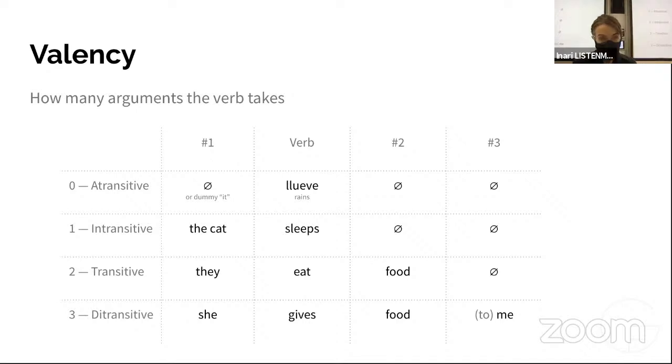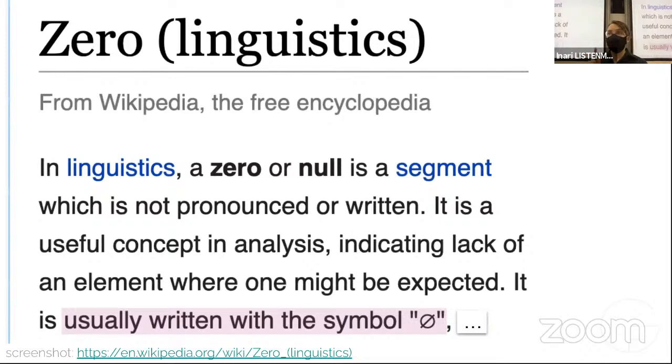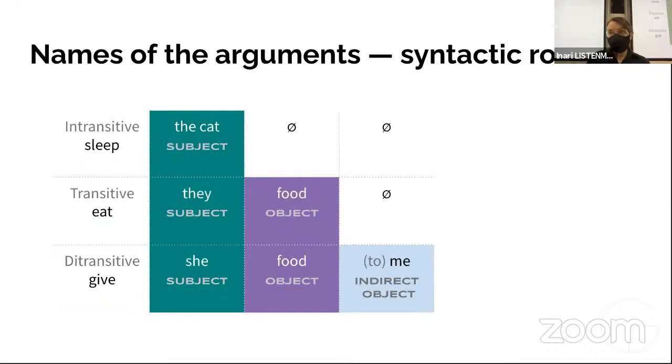And just if you're wondering what those weird symbols are, that's the null 0 segment. That's a useful abstraction sometimes to write, even though there is nothing there. We will see it many times during this talk. So I just labeled the arguments with numbers, but they usually have names.